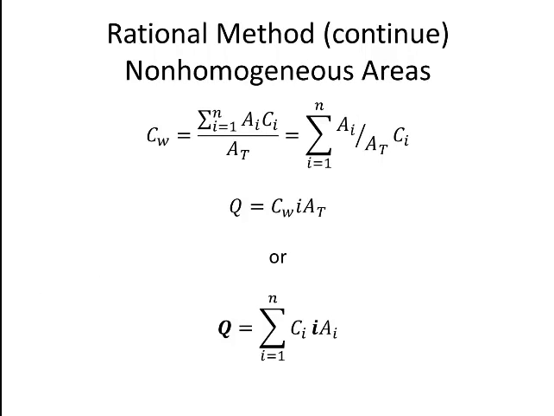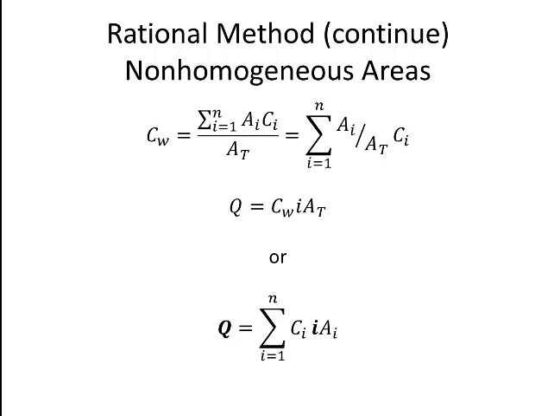Most watersheds are not homogeneous. What I mean is there's not a single C value. Thus, you will need to calculate a composite rational method runoff coefficient. Once the weighted rational method coefficient is determined, the flow rate for the watershed is determined by multiplying the weighted coefficient by the rainfall intensity and the total watershed area.